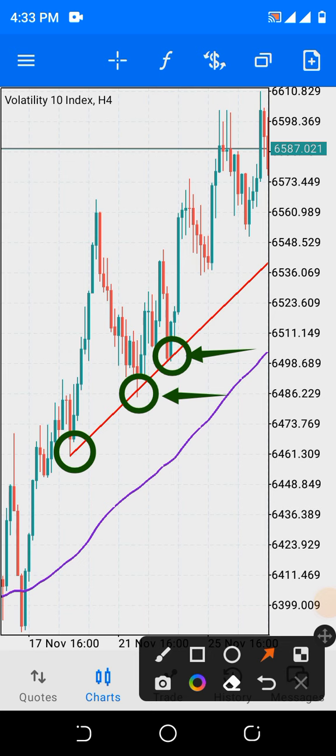Now, when the market comes back to that trend line, which is the third touch to the trend line, that is the perfect entry. That is the point for you to make your entry. And your stop loss should be placed at the previous higher low. So that is the perfect way of making your entry in a market.